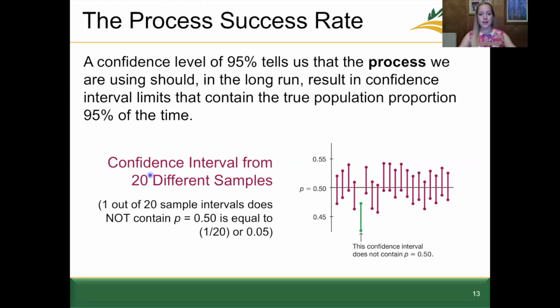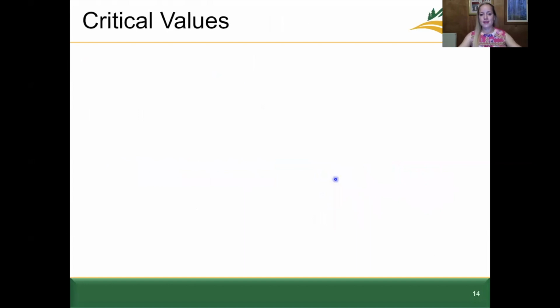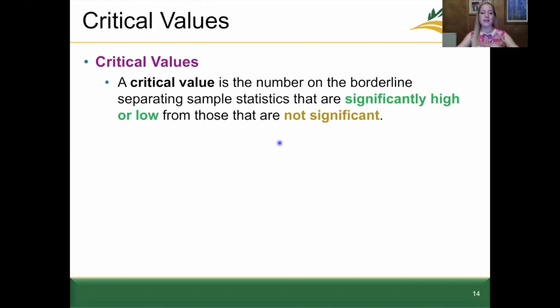Okay, so here we're connecting the definition of confidence levels to the process in which we're collecting sample data each time. There's quite a bit of new terminology here, so another example of this is a critical value. How we define a critical value is the number on the borderline separating sample statistics that are significantly high or low from those that are not significant.